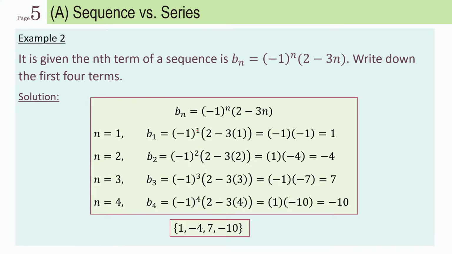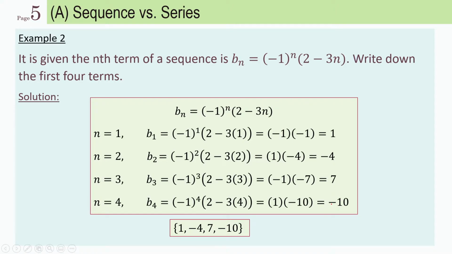Whenever negative 1 is raised to the power of an odd number, you will get a negative. If an even number, you will get a positive. So if you notice here, the output of this one is positive, negative, positive, negative.